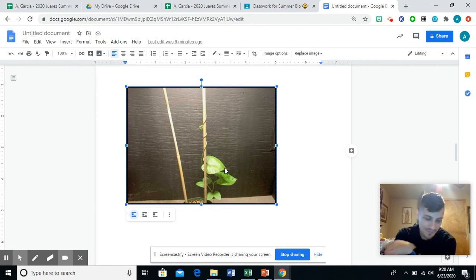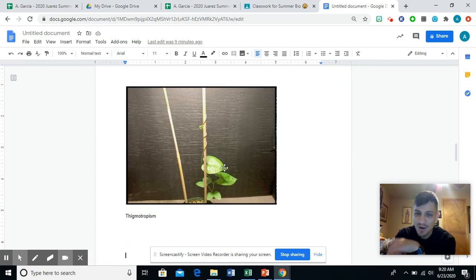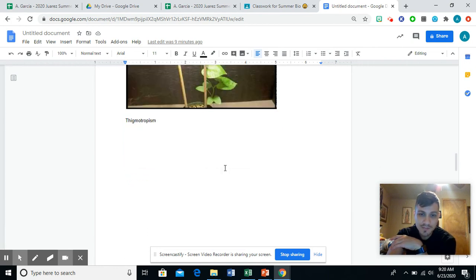If you were to put your finger there with one of the vines and just never move it, the plant would actually start curling around your finger. But it would probably take a good amount of time, and I don't think you'd want to be waiting there for however long it's going to take.